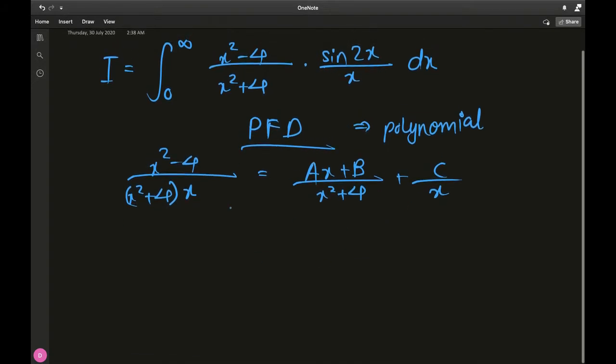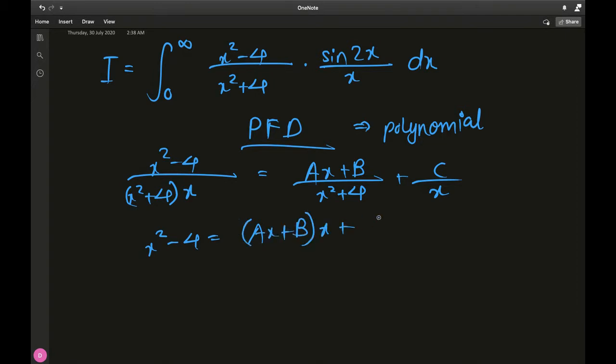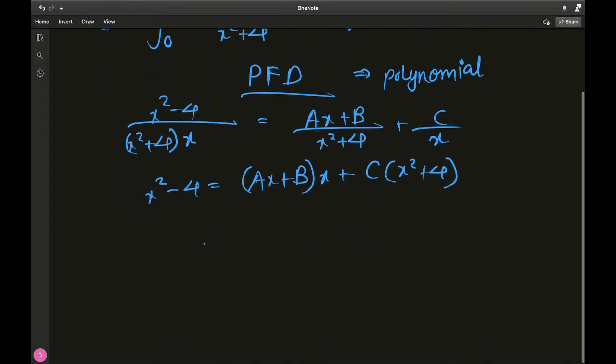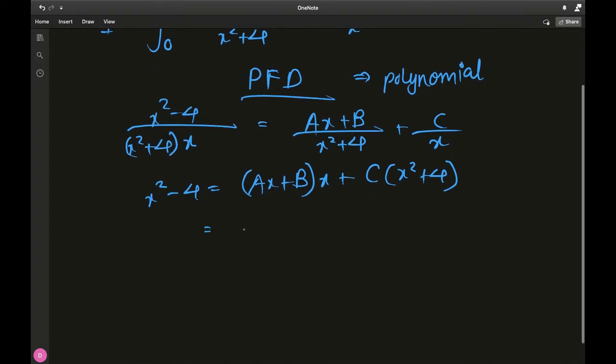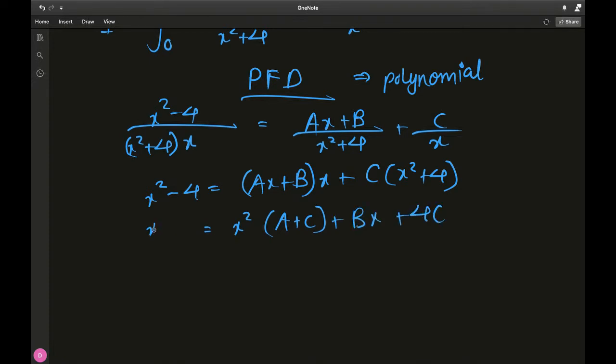If we do a cross multiplication, the denominators cancel out, giving us x squared minus 4 equal to (ax plus b) times x plus c times (x squared plus 4). Now taking the x squared terms common, we get (a plus c) x squared plus bx plus 4c, and x squared minus 4 on the left hand side.